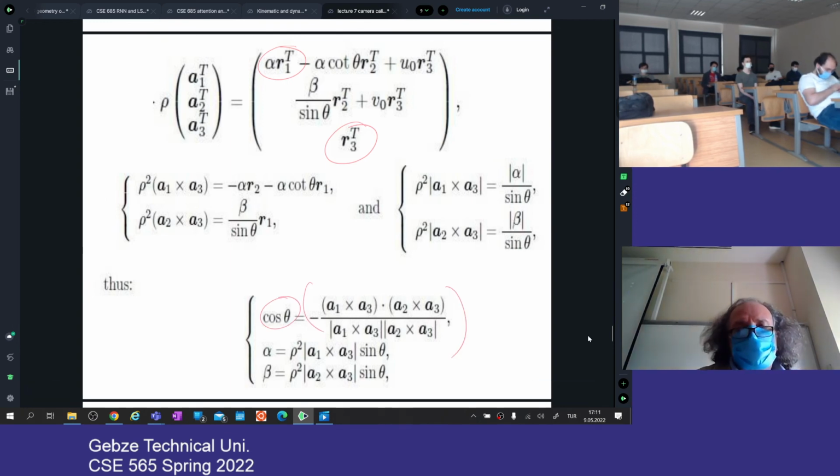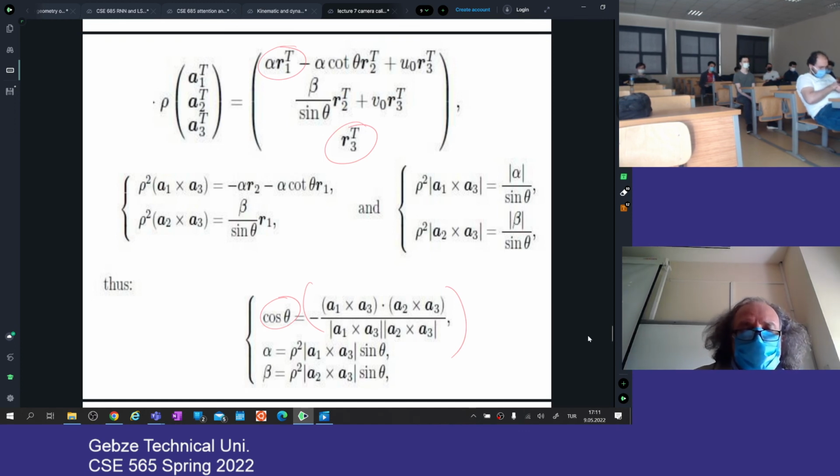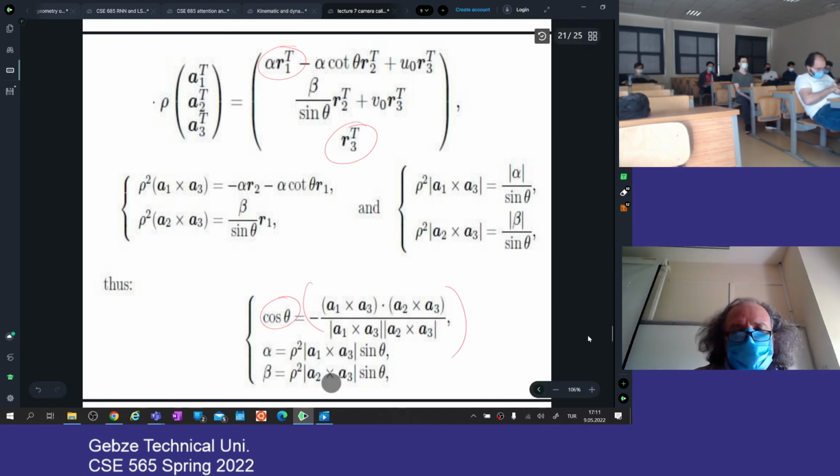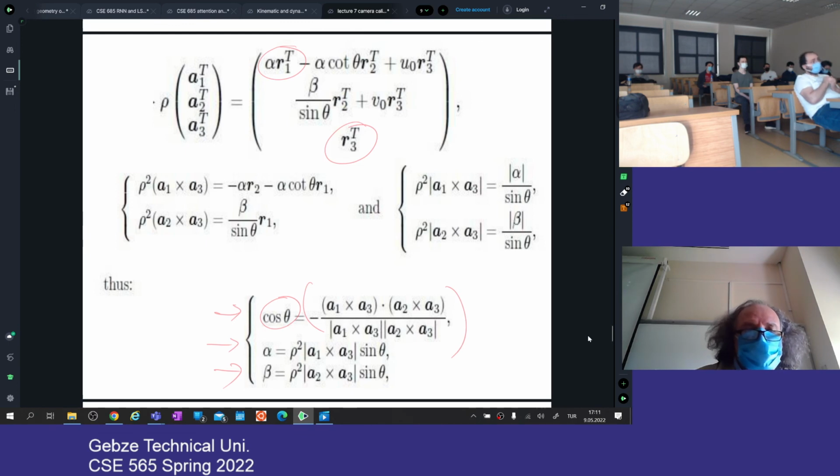Once you know the cosine of an angle, you know the sine of it. Once you know the sine of it, I can calculate this alpha and beta values because of these. So I know now the theta, alpha and beta values.